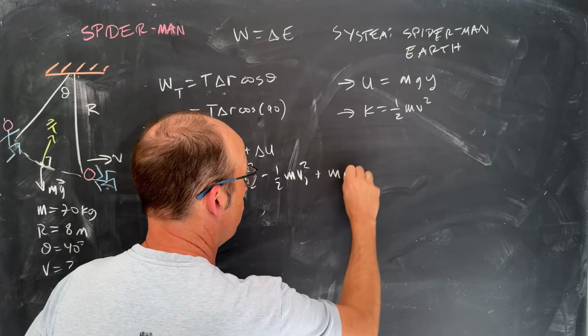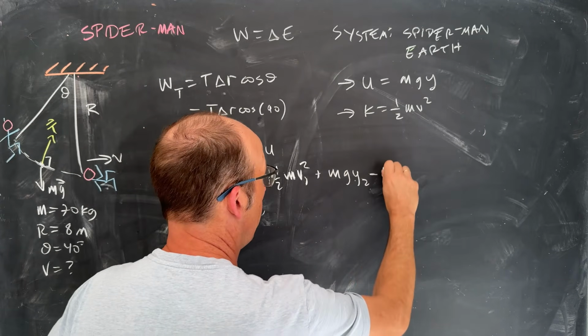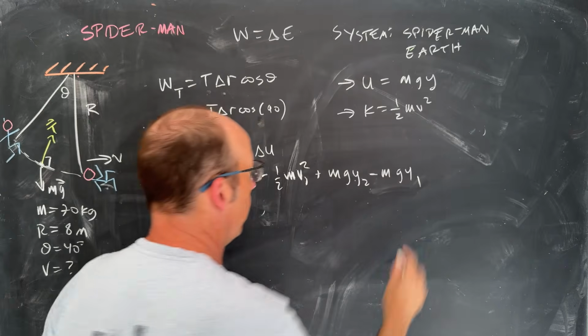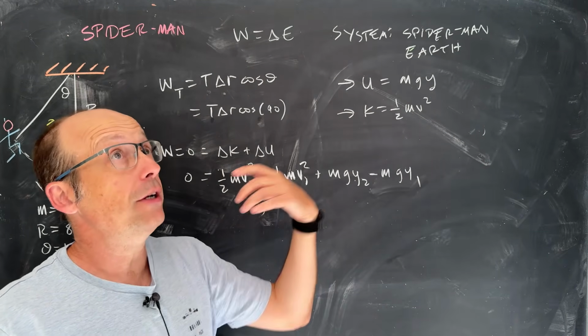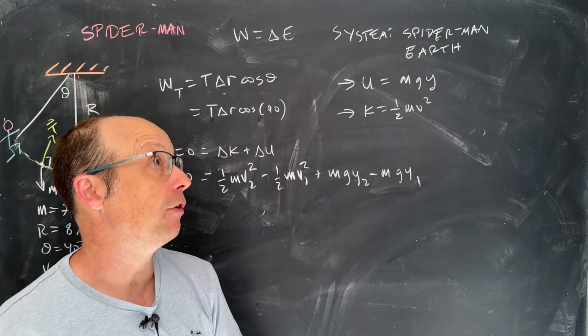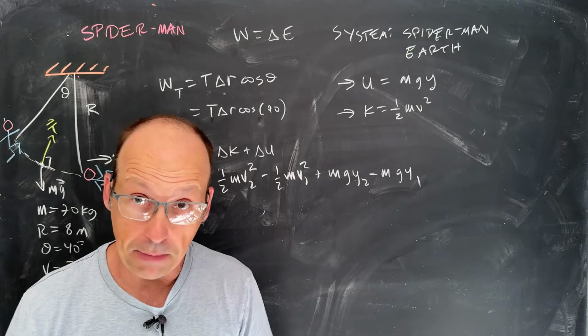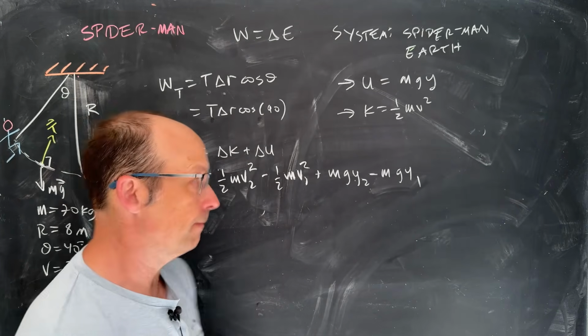Plus mgy2 minus mgy1. So you'll notice that we always have a change in potential energy, and that's why it doesn't matter where we pick our y value to be measured from. It's still going to have the same change in y.